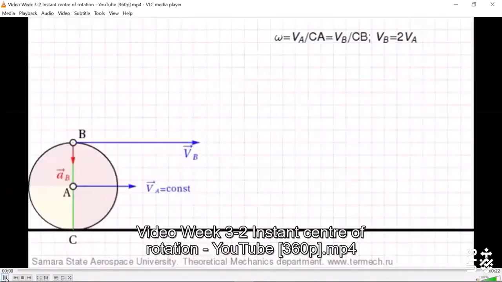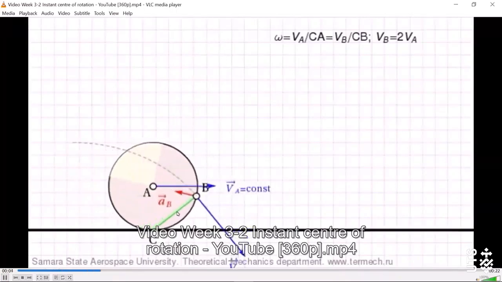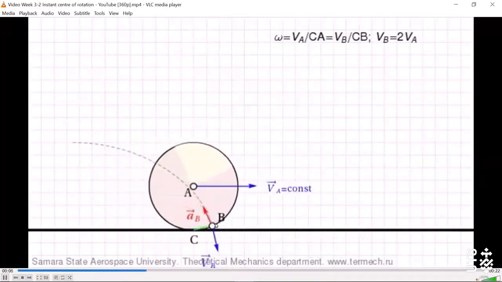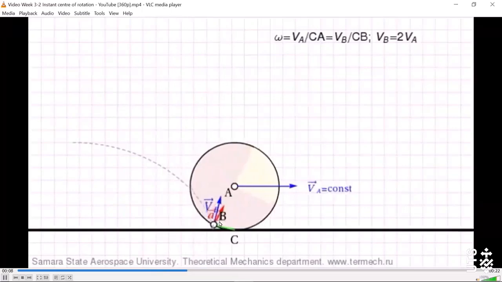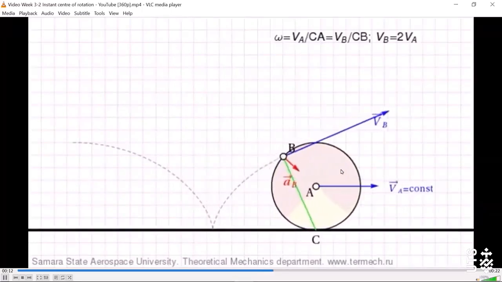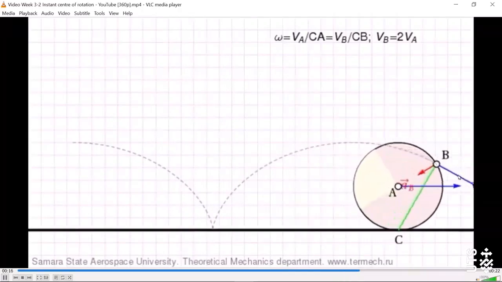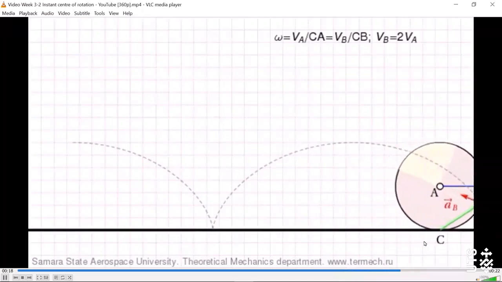It must be perpendicular to the line connecting C and B. And in this case, because omega is clockwise, VB is in that direction.